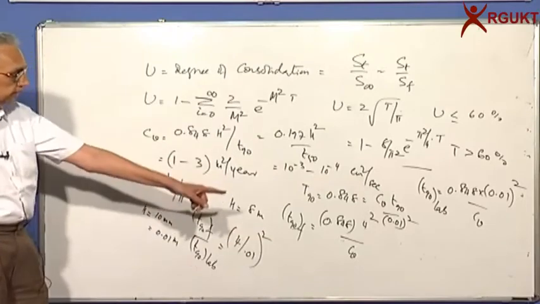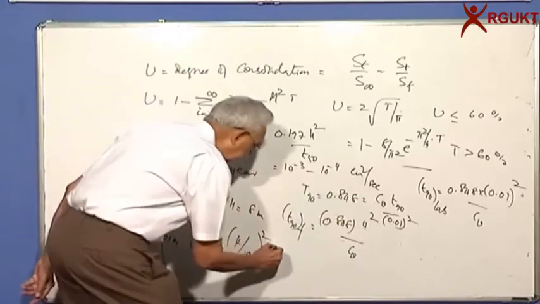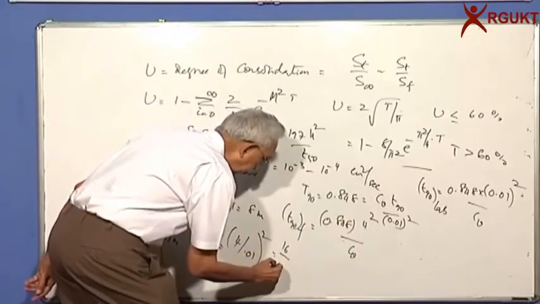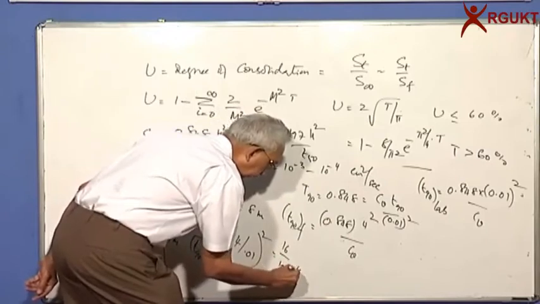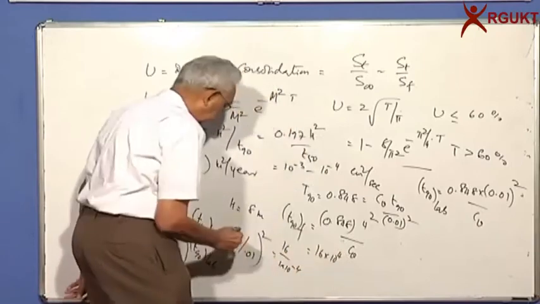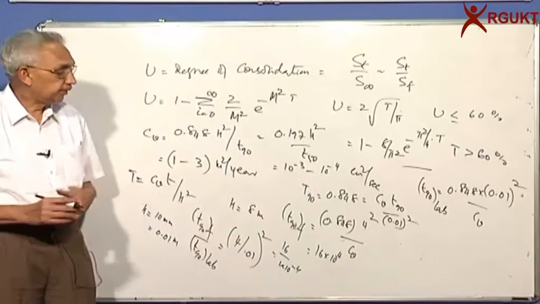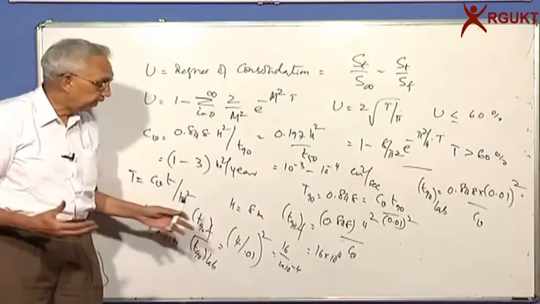Am I right? I need 4 square and 0.1 square. This is 16 divided by 1 into 10 to the power of minus 2. So this becomes 16 into 10 to the power of 2. So in the field, you need something like 1,600 times more time than in the lab.